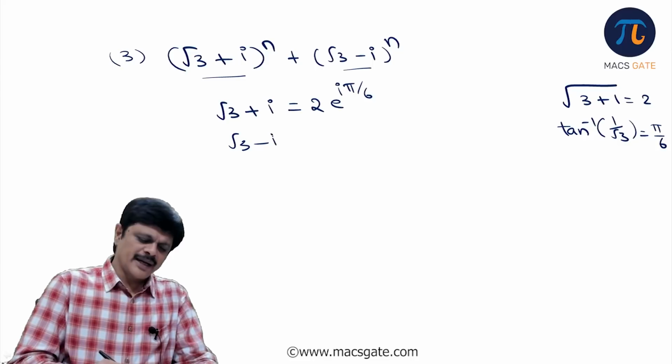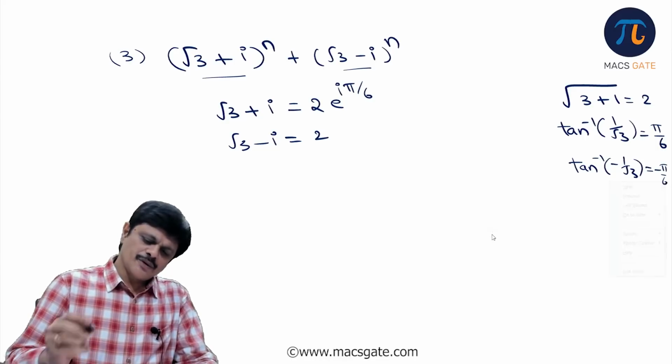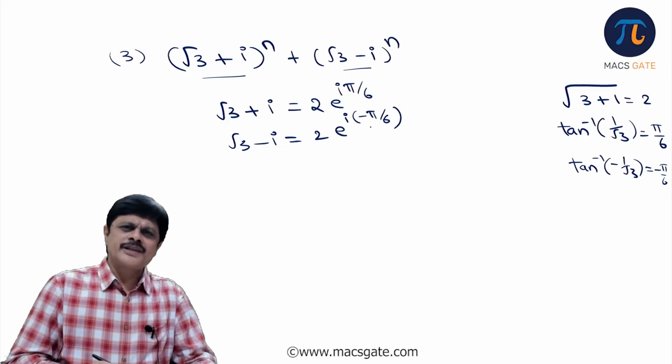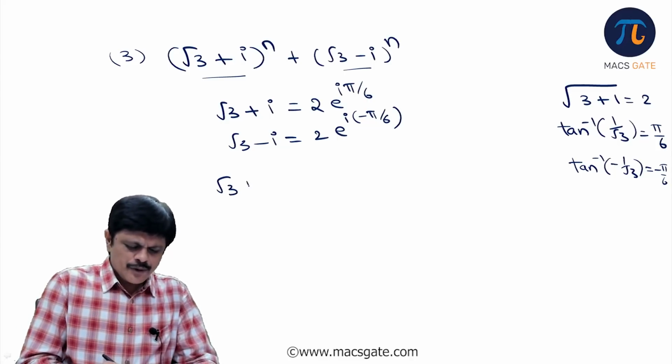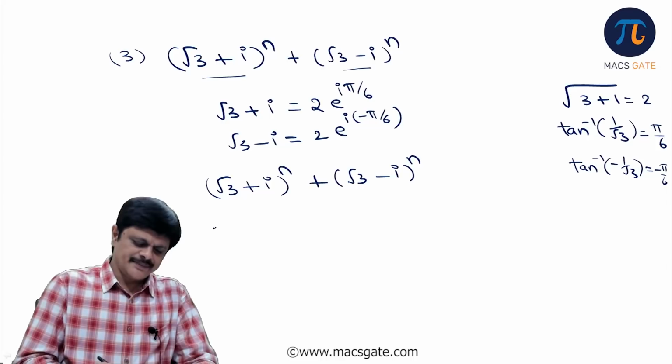Now what about root 3 minus I, sir? Modulus would be 2 only, because same story you are going to get. But this argument would be tan inverse minus 1 by root 3, that can be written as minus pi by 6. So the argument is minus pi by 6. So it is 2 into e power I minus pi by 6. Now let us use this and solve the problem. Root 3 plus I whole power n plus root 3 minus I whole power n.